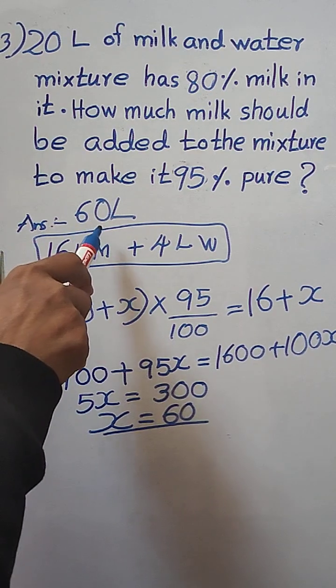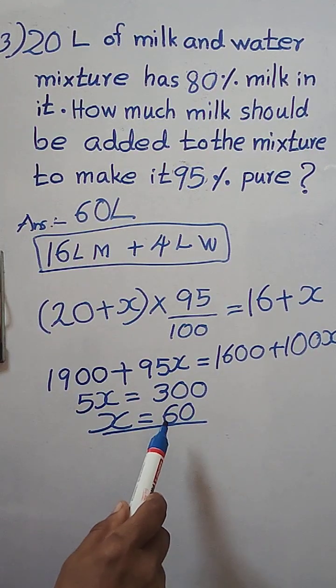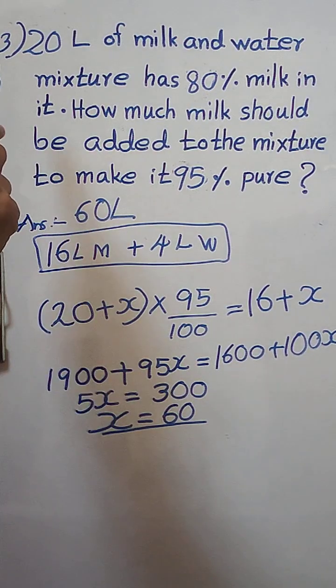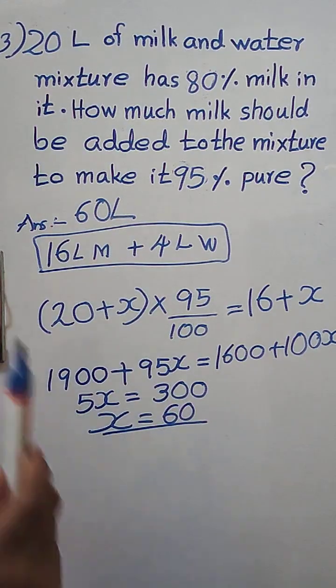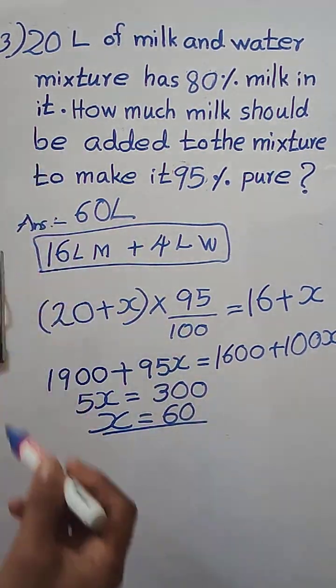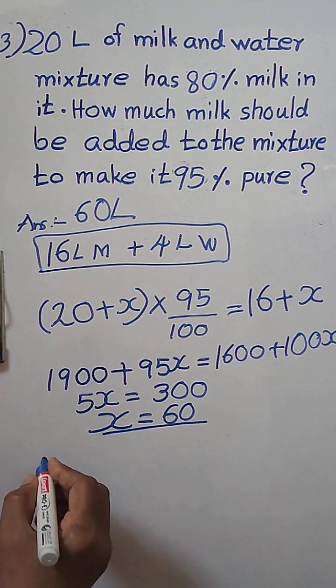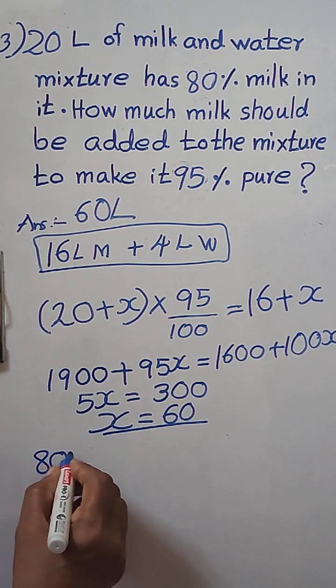Now 60 liter is the added milk. Originally it is 20 liter, so the total is 80 liter.